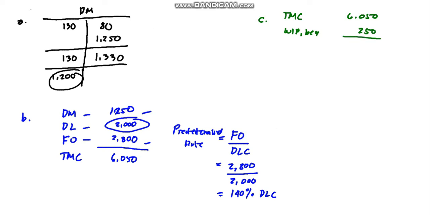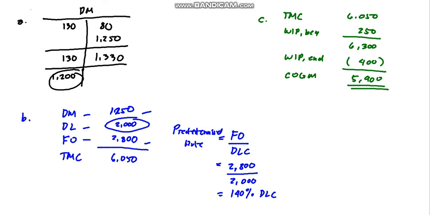That's 6,300. And then we deduct the work in process ending, that's 400. So the total cost of goods manufactured would be 5,900. I hope you got this one already, okay?